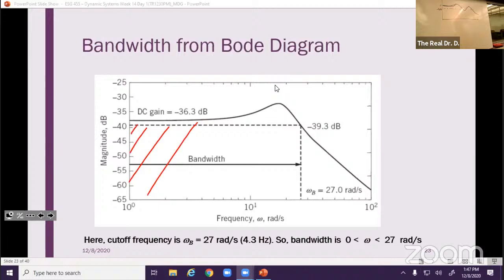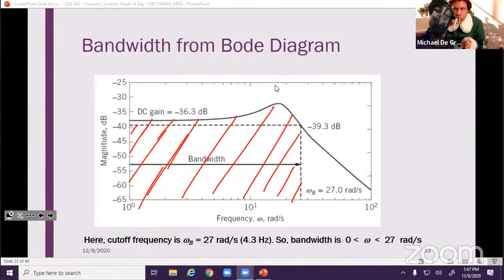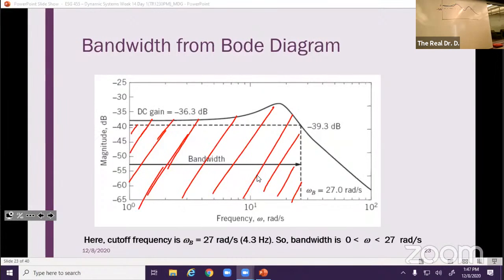Right, it's just saying that anything under the curve here is the region of bandwidth because it doesn't dip below this 3 dB off DC gain until we get all the way out there. Any other questions? No?